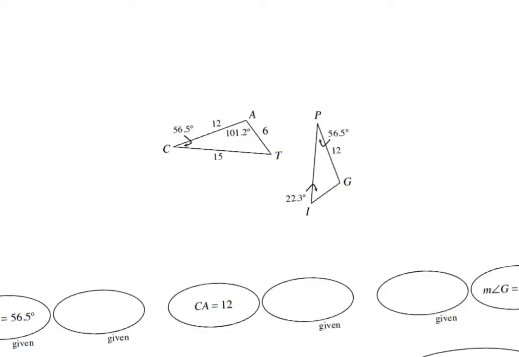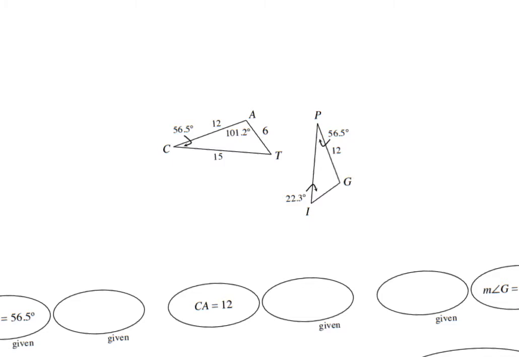Let's consider these triangles. It looks like they might be the same because, well, this 12 and this 12 seem to be similar. This 56 degrees and this 56 degrees, so there's the pointy end next to the 12, okay.